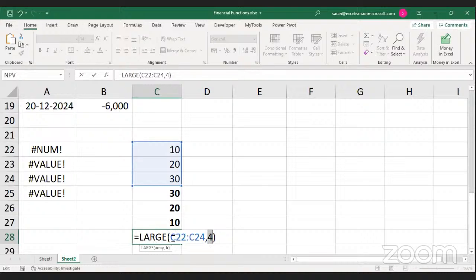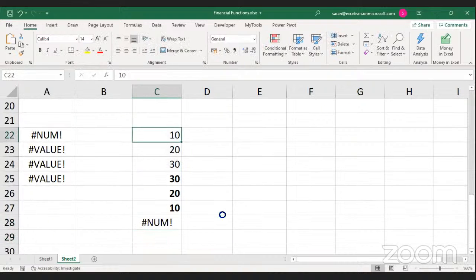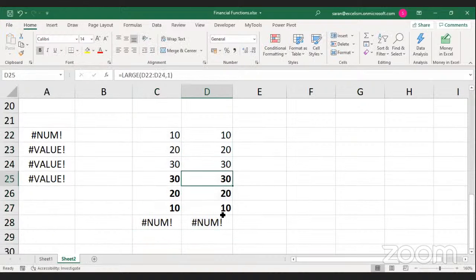That means maybe at the back end of the program, in the large function, the condition must be that the second argument is less than or equal to the number of values in the first argument. In this case, the first argument has 3 values, whereas the second argument has the value 4. Since the number is out of range, it's going to give you the num error. The same example you can take for the small function also.